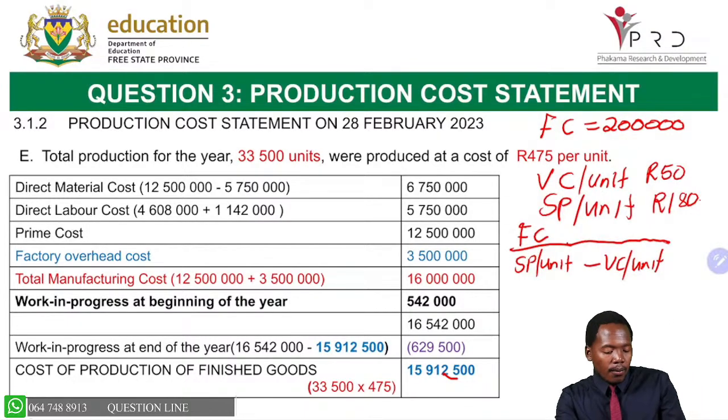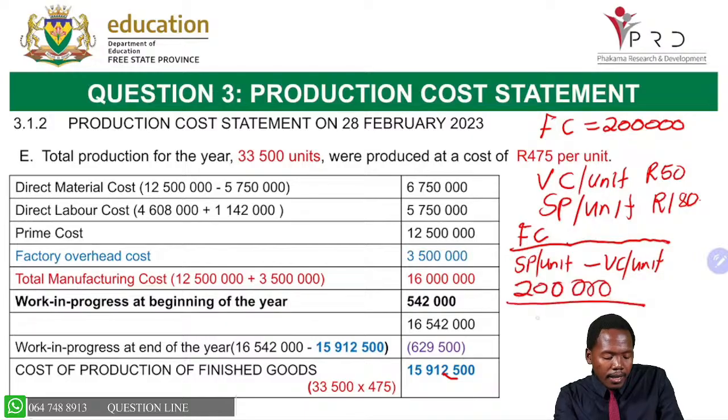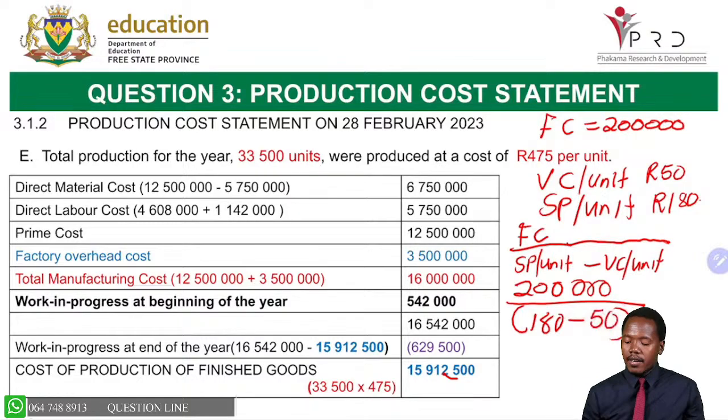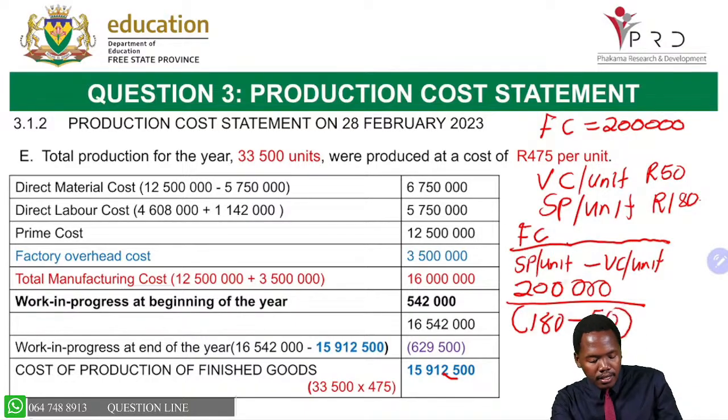Okay, now I will say 200,000 divided by selling price, which is 180, minus 50, which is our variable cost. So 200,000 divided by 180 minus 50. Then this gives us 1,538 units.